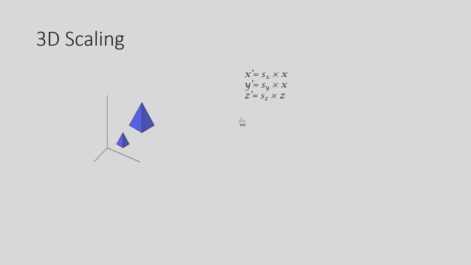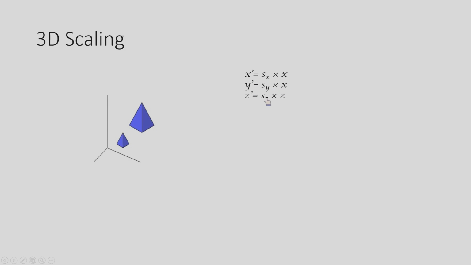The equations for finding the new point are x dash is equal to sx, where sx is the scaling parameter along x-axis, multiplied with the x coordinate. Similarly, y dash will be calculated by multiplying, it should be y here, not x, scaling factor sy multiplied by y.